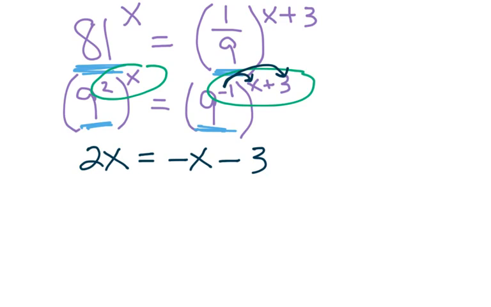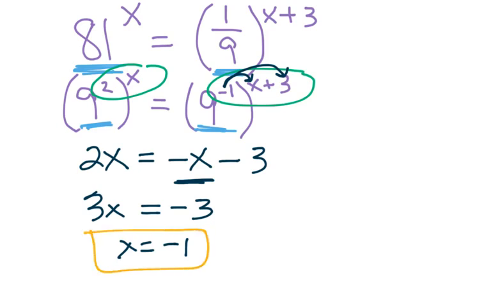So I'm going to add this x over here to get 3x equals negative 3. Divide both sides by 3. I get x equals negative 1. Okay, again, if you want to write it in solution set notation, that is negative 1.